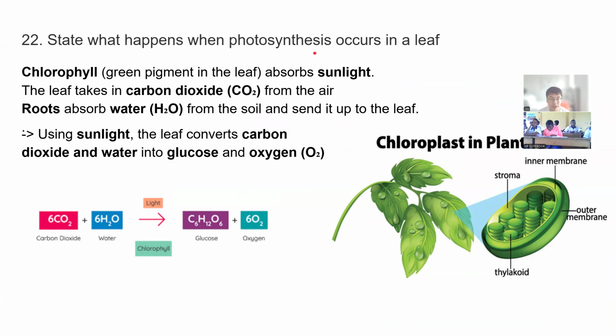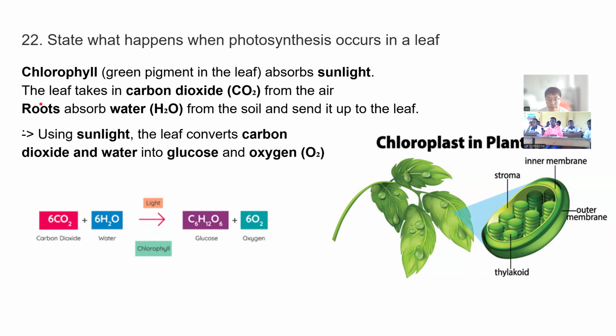You can describe the process by saying the chlorophyll absorbs the sunlight. Chlorophylls are just green pigments in the leaf, which is in the chloroplast right here.